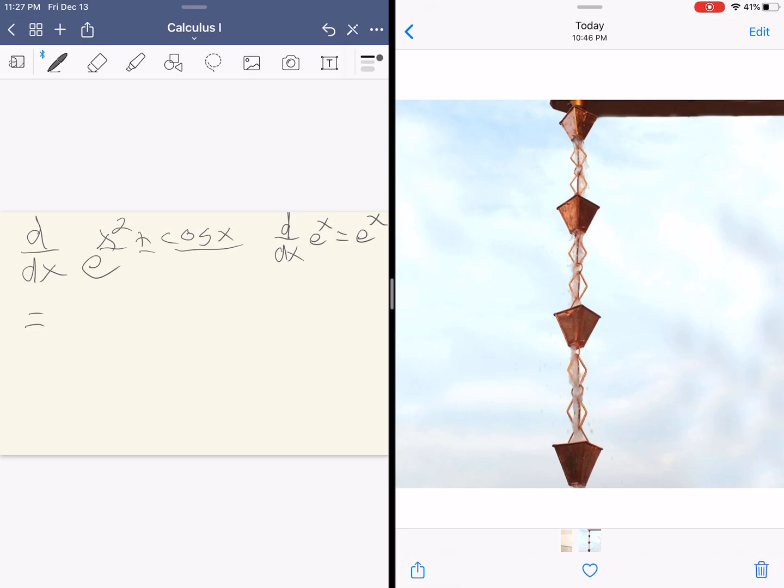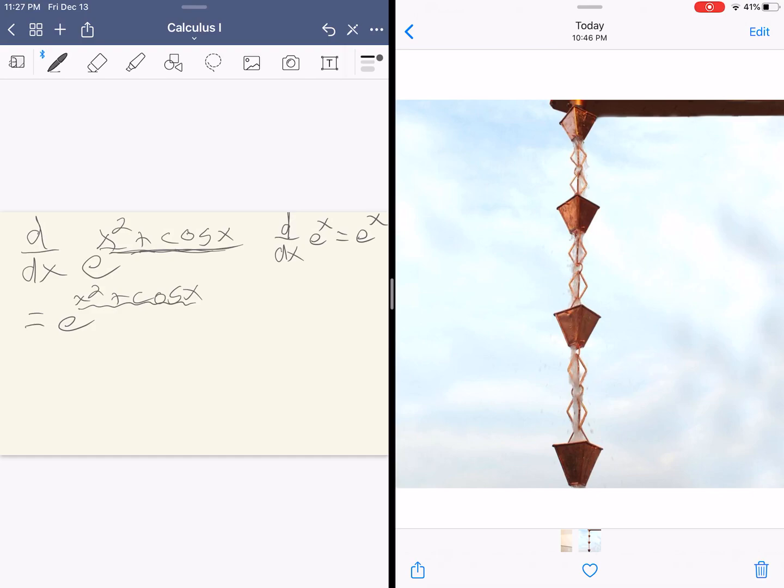However, this looks like e to the x. So I'm just going to treat this thing here like it's just x. And so what would be the derivative if it was just x? Well, the derivative of e to the x is e to the x. So I'm just going to rewrite e to this argument, x squared plus cosine x. However, remember this thing is not x.